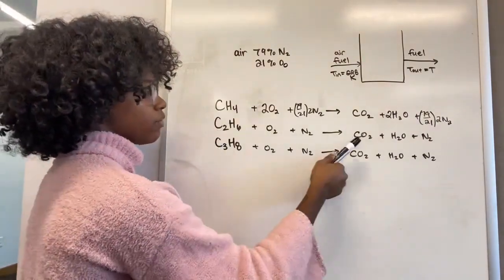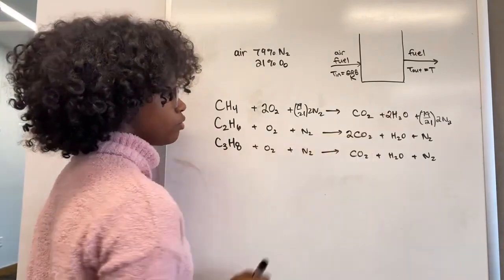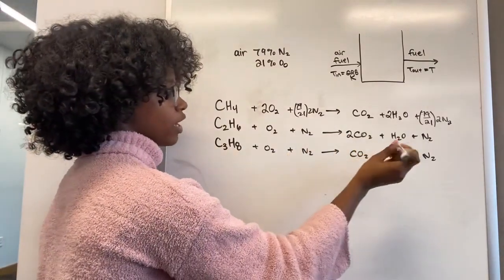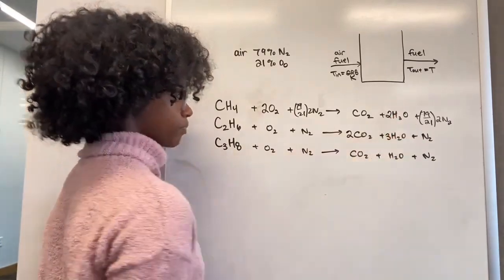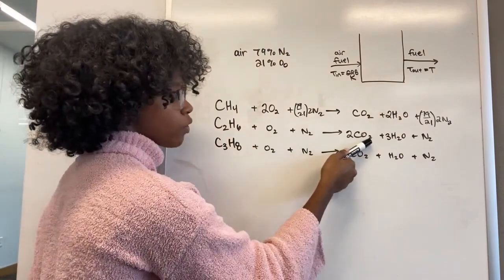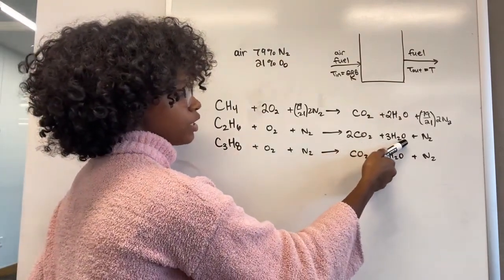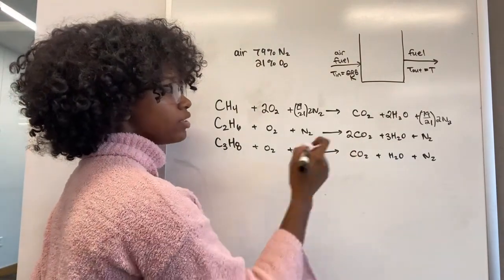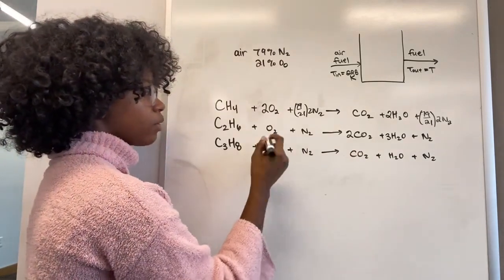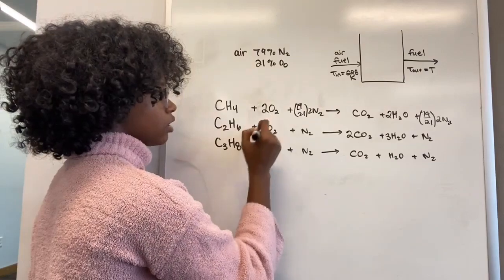There's 2 carbons on the left, 1 on the right, multiply it by 2. We have 6 hydrogens on the left, 2 on the right, so we multiply this by 3. There's 2 oxygens on the left, but there's 4 in carbon dioxide and 3 in water, so we have 7 oxygens on the right. So to get 7 on the left, we have to multiply this by a fraction of 7 over 2.